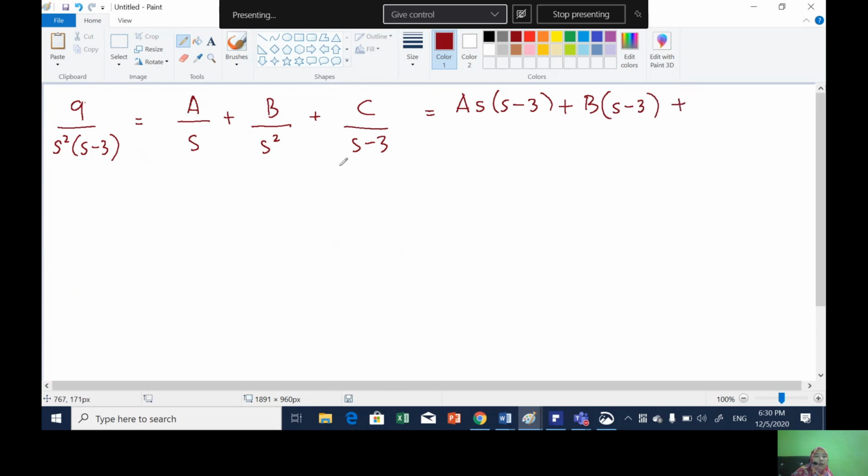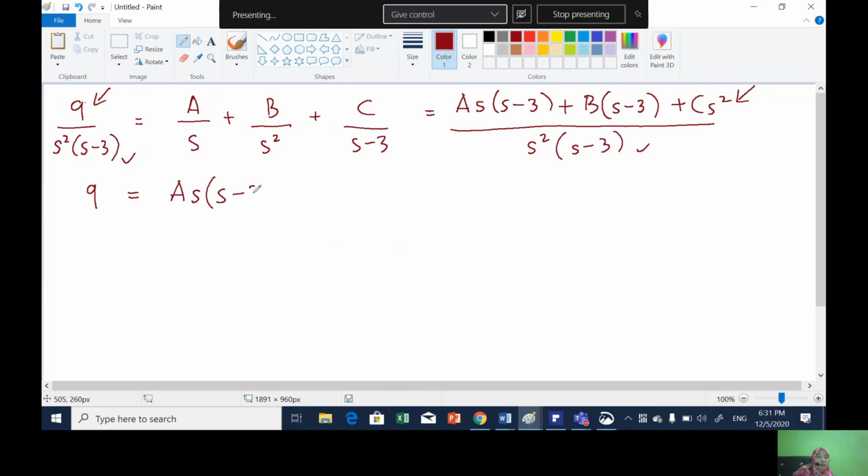C has this one, C does not have this part, so write down s squared here. Then they have the same denominator as this one. So the next step is to compare the numerator part, the one I marked. Compare the numerator, very simple.